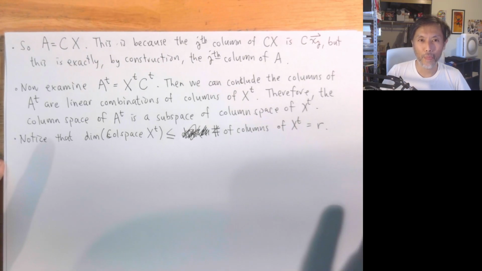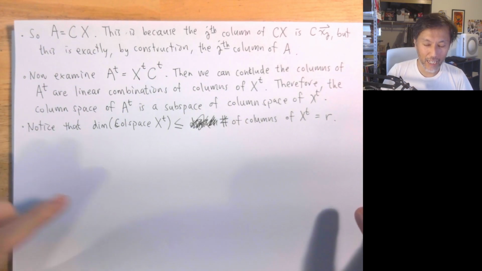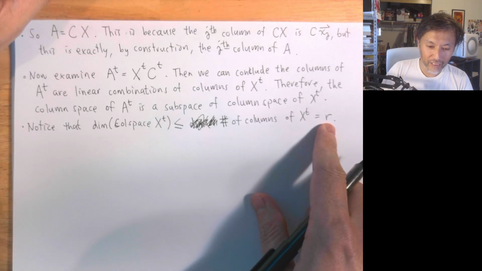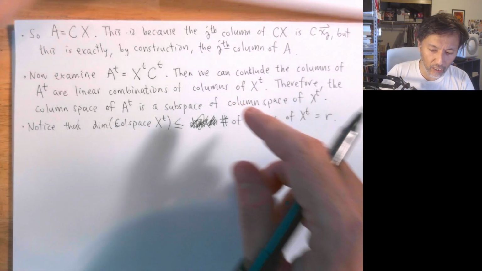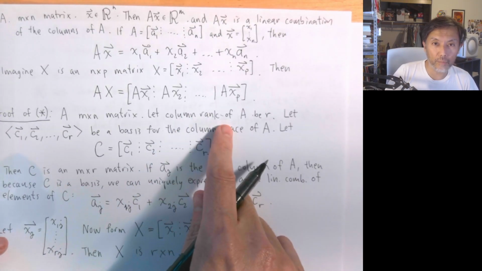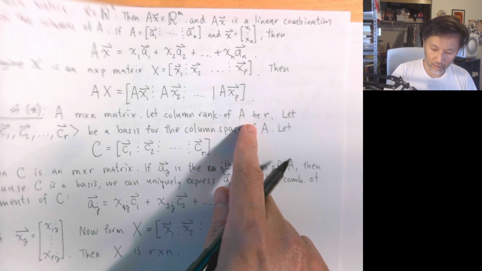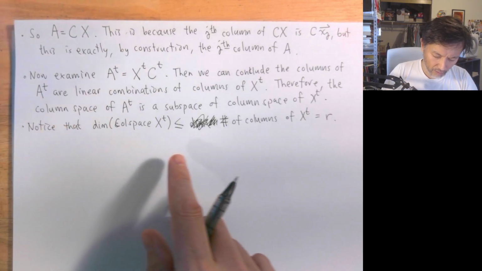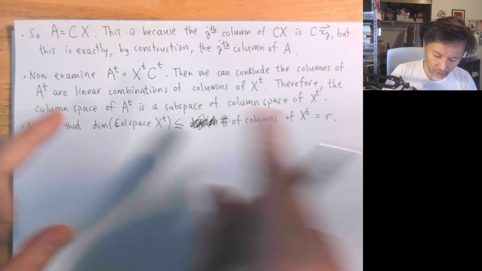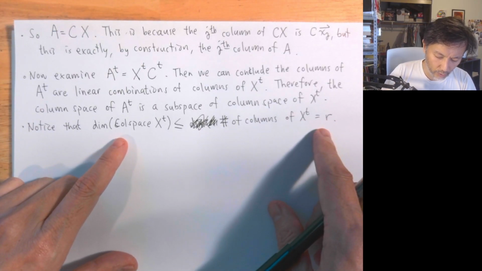Okay. But remember what R was? R was the dimension of the column space of A. But now we're saying that, sorry, I should make one more conclusion.